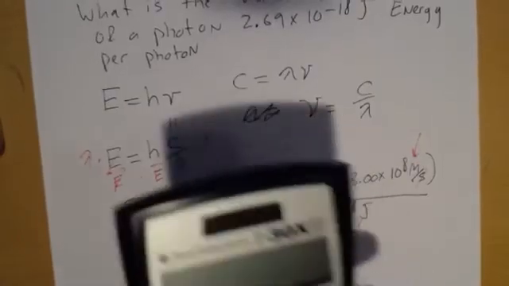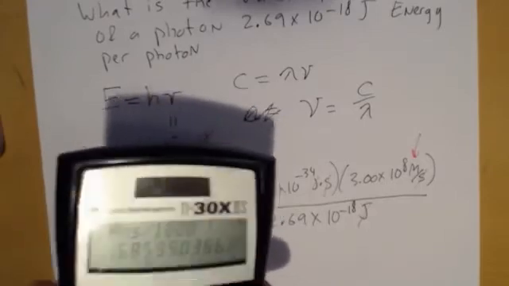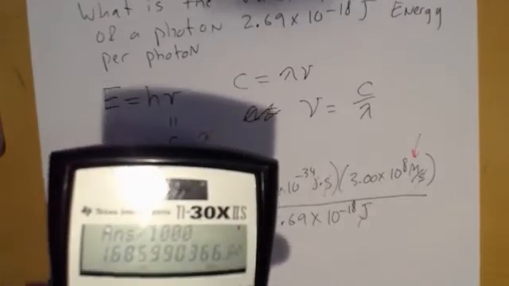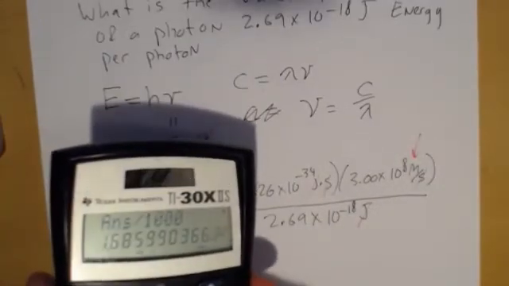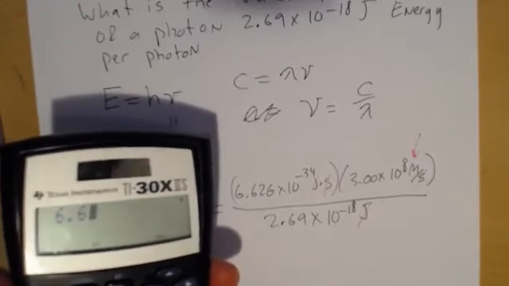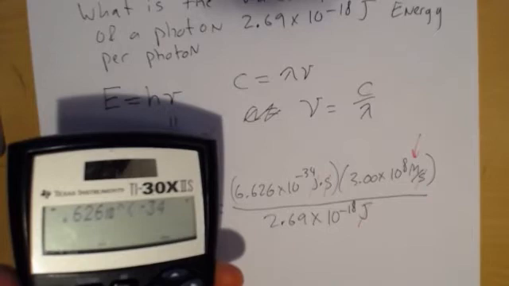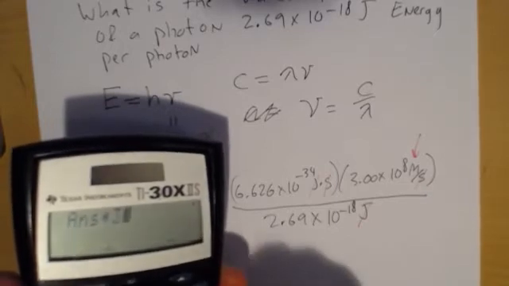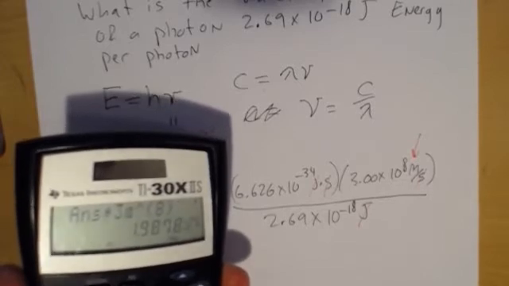So should I bring the calculator in again? Okay. So let's see how do I do this, right? Okay. So that's kind of glary. Like that. Okay. Clear. All right. So 6.626 times 10 to the minus 34 enter, times 3 times 10 to the 8 enter.